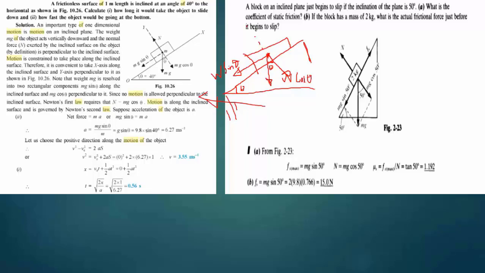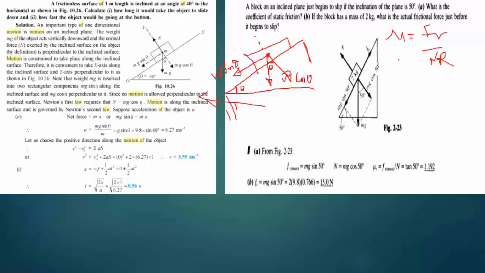When they say what is the coefficient of static friction, we know that coefficient of friction is equal to the frictional force over normal reaction.